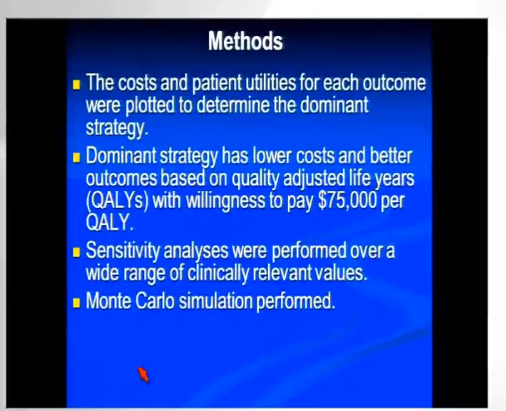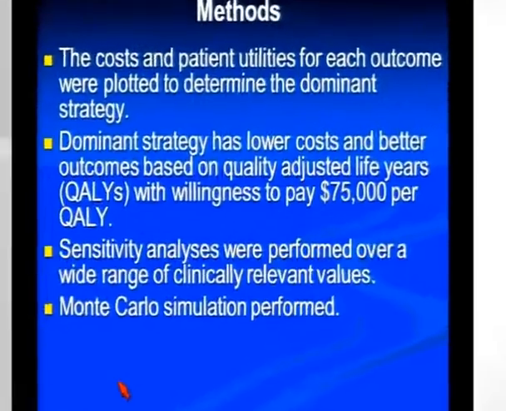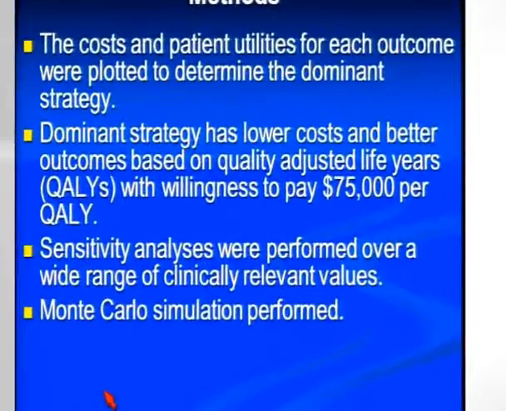The costs and the patient utilities for each outcome were plotted to determine a dominant strategy. A strategy is considered dominant if it has lower costs and better outcomes based on quality adjusted life years, with a willingness to pay of $75,000 per QALY. Sensitivity analyses were performed over a wide range of clinically relevant values, and a Monte Carlo simulation was also performed.